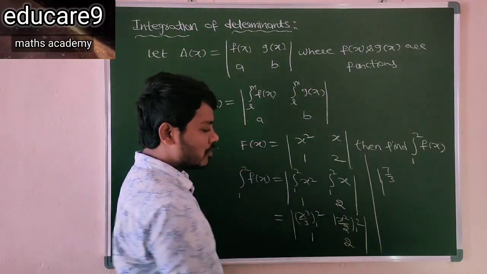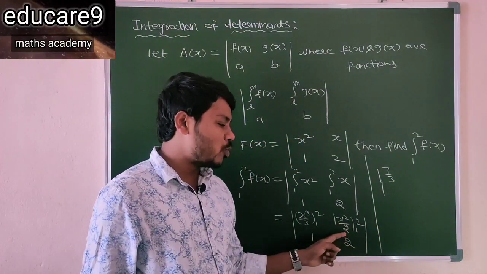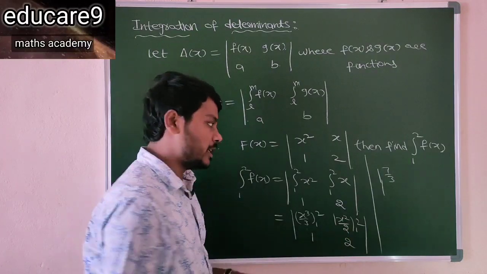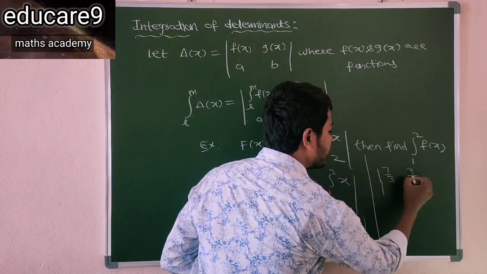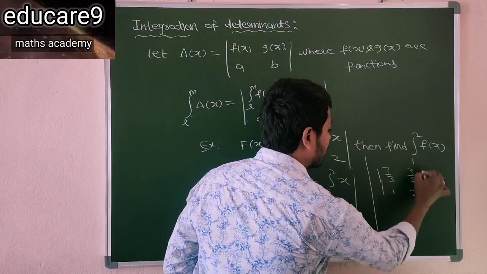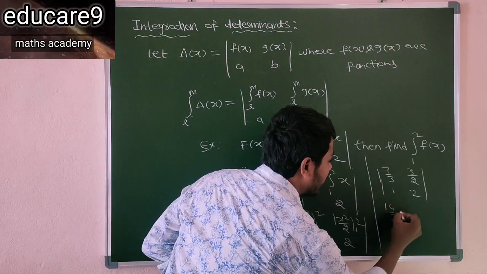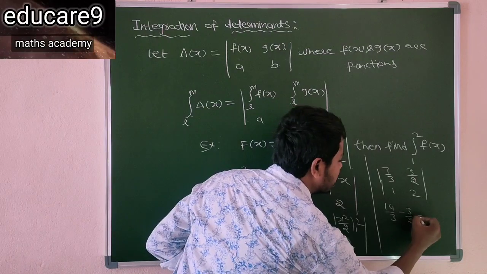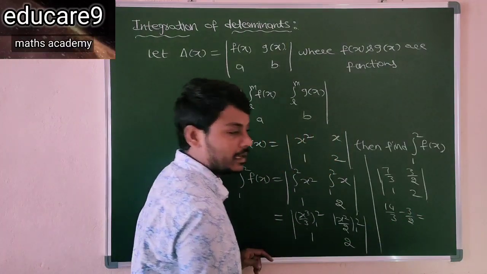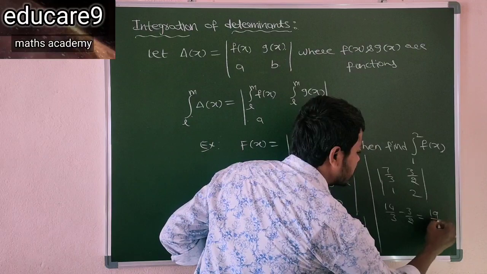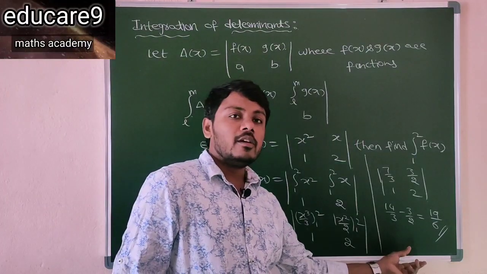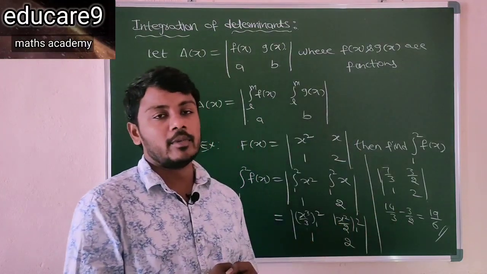Next here 4 by 2 minus 1 by 2, that is 3 by 2, and 1, 2. So find this determinant, that is 14 by 3 minus 3 by 2. This is (28 minus 9) by 6, so 19 by 6. So this is the value of the given determinant.